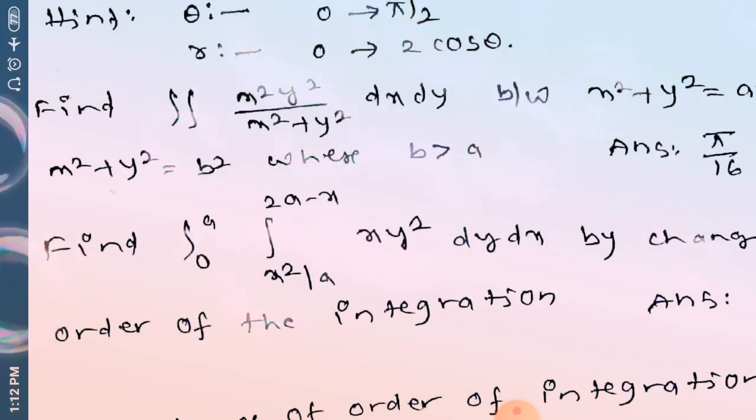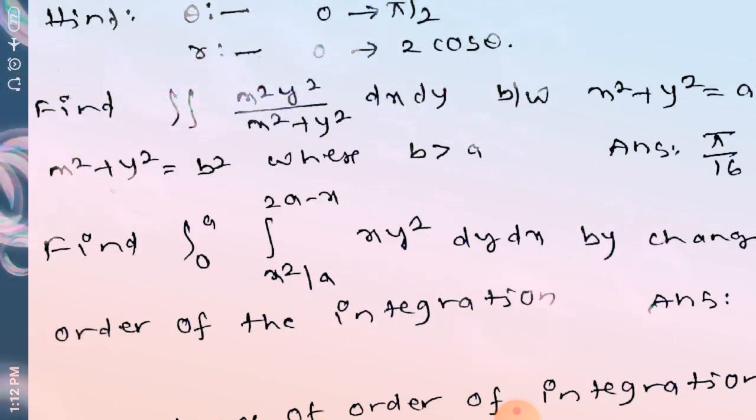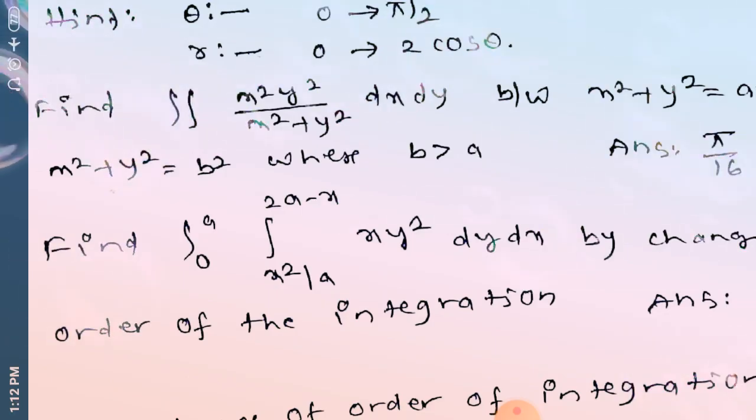The x limits are 0 to a, and the other limits are 0 to root ay, I think. Here one problem is there. When the strip is moving in the common area, it is divided into two different parts, a lower part and an upper part.